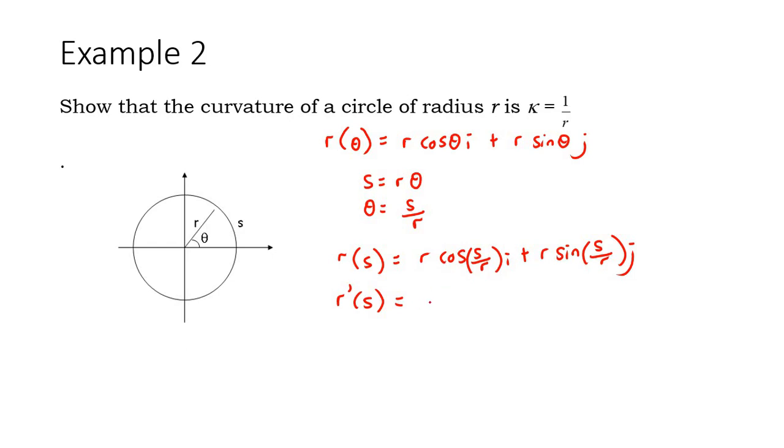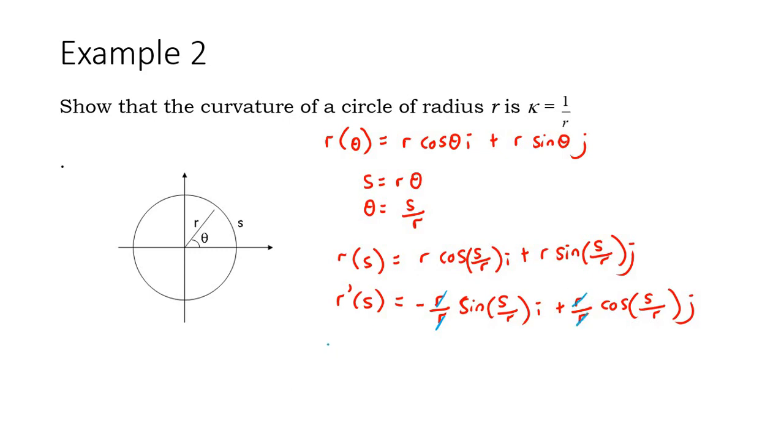For the i component, differentiating cos gives negative 1 over r, multiplied by r sin of s over r, so the r cancels. For the j component, differentiating sin gives 1 over r, multiplied by r cos of s over r, so we have cos of s over r j.